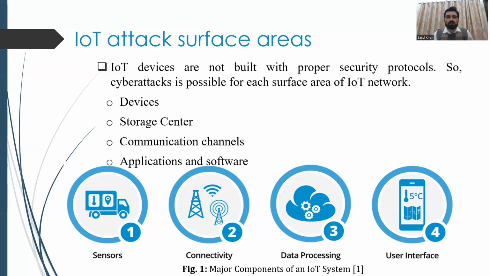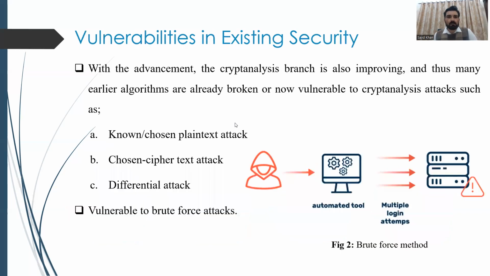The most crucial are the devices and the storage center, because the storage center carries a lot of data, and that data is very important for everyone, for privacy, for security, and for other purposes also. So those storage centers are the most targeted places for hackers or attackers.